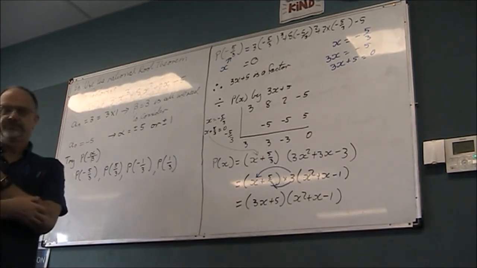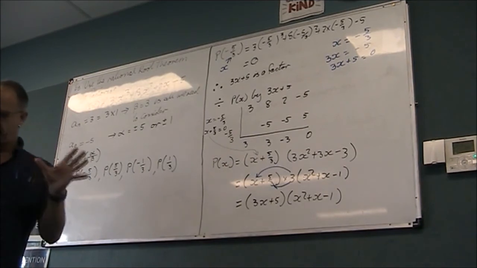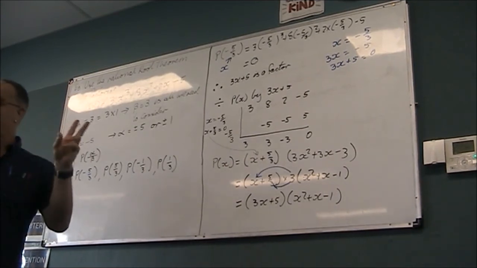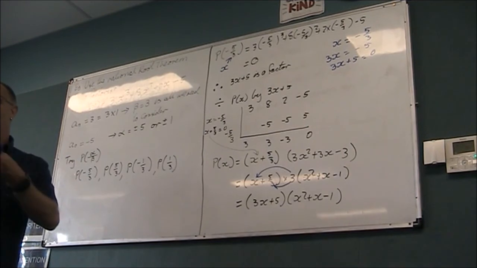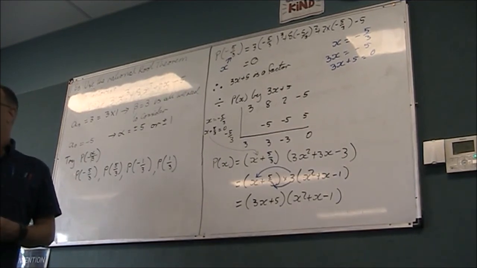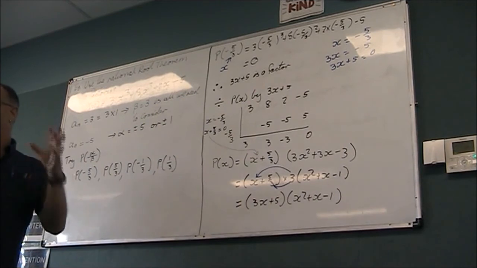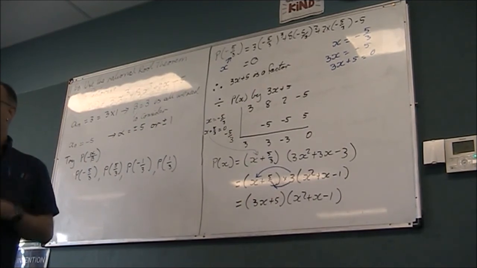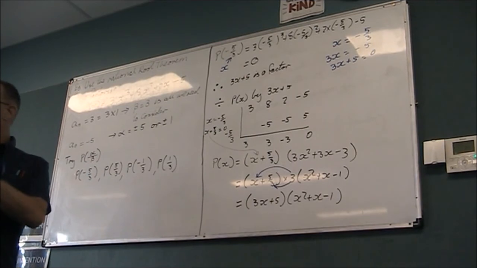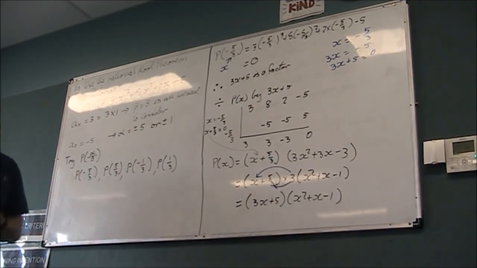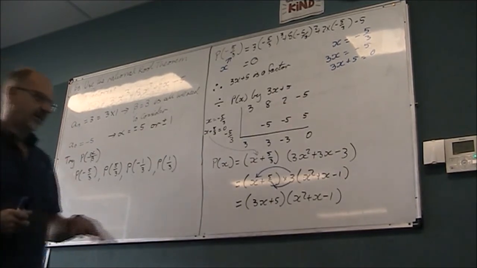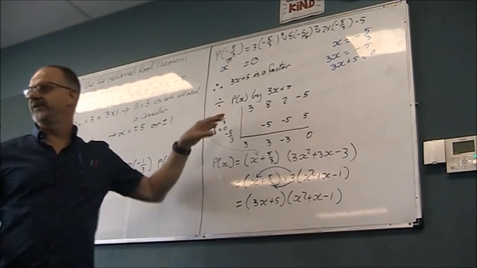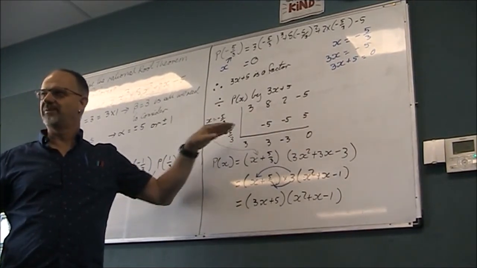Because synthetic division is not actual division, we're kind of using it to help us with the division. It's a bit like the trick method with factorisation, it's not actual factorisation, but it's just something we use to help us. And the trick method doesn't work if you've got a common factor, so that's kind of an anomaly of the synthetic process.